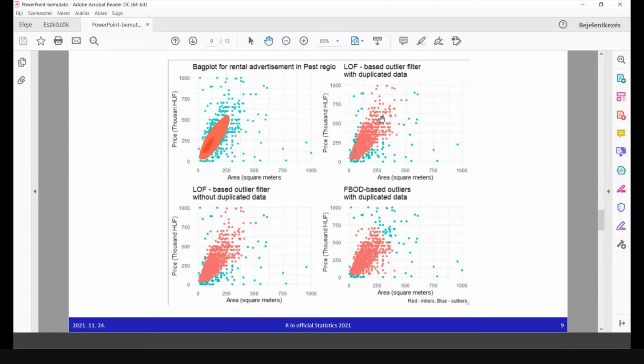And regarding the duplicated and non-duplicated data, here we can see that there are small differences. For example, this is problematic, but this is due to overfitting and can be dealt with by a better choice of K. But in essence, the marked outliers are pretty much the same in these cases. So both versions, using it with duplicated data and without duplicated data, are viable.